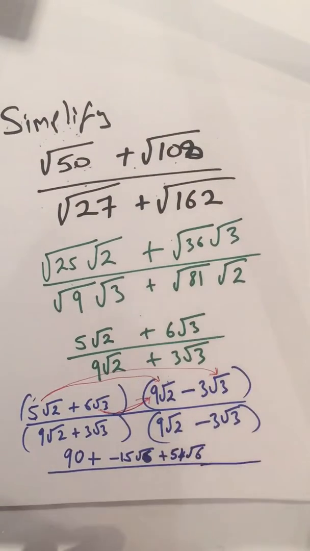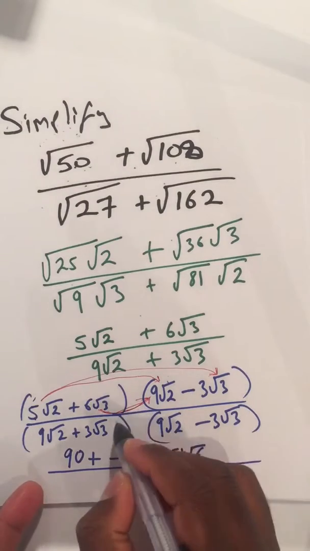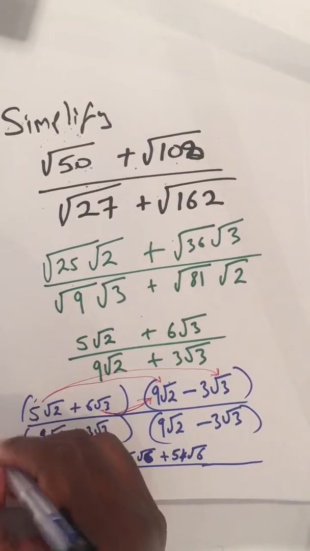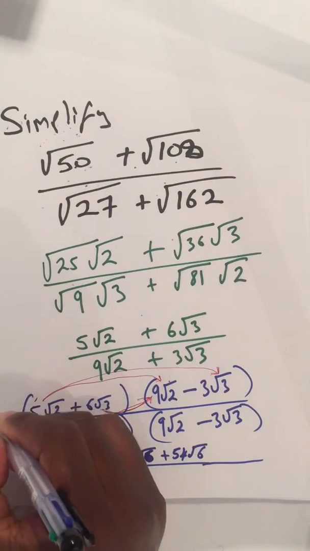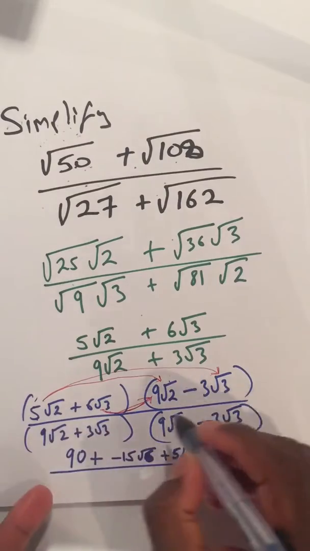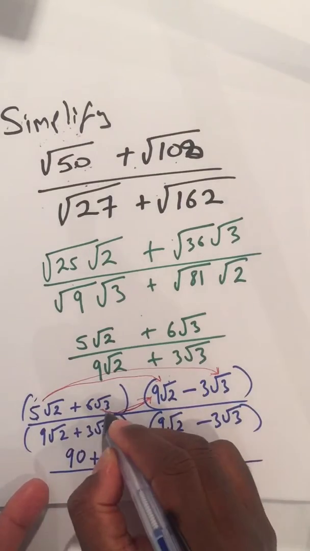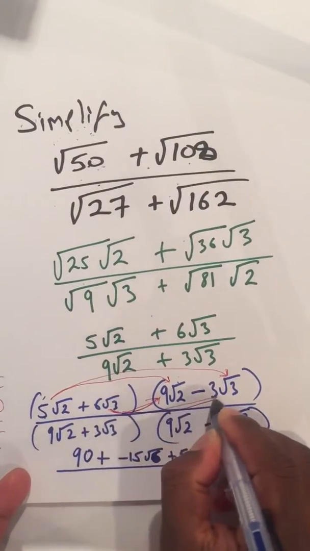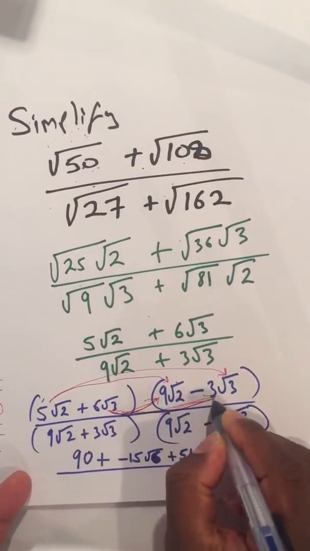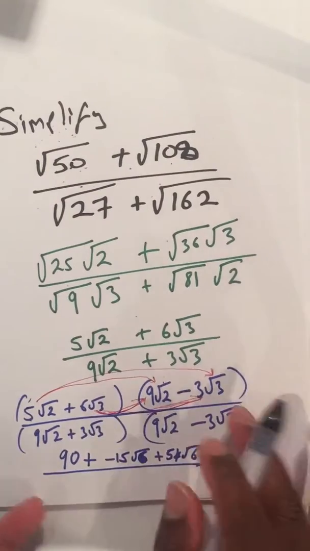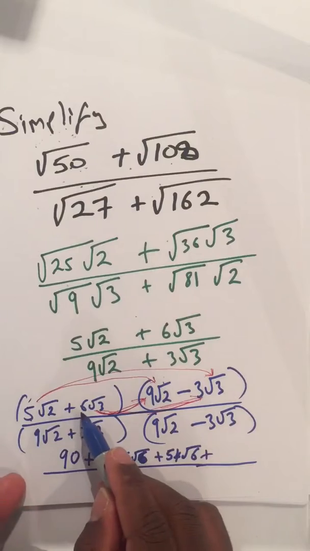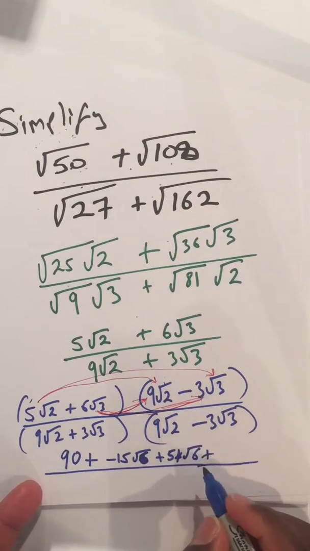And the final one, because we've just done first, outer, inner, now the final one is last, because this is the formula, FOIL. First, outer, inner, last. So let's do the last one, which is the last term here, and the last term in the second bracket. So that is 6 root 3 times negative 3 root 3. 6 times negative 3 is negative 18.